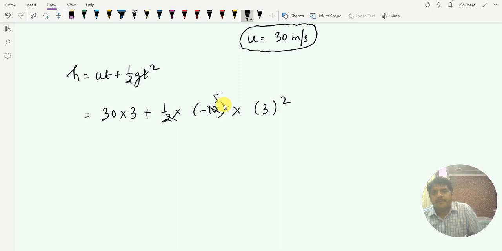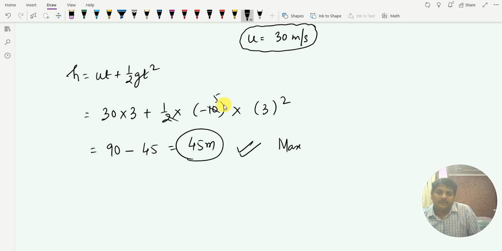So it is 90 minus 9 into 5, 45. So it is 45 meters. This is the maximum height which the ball is going to travel.